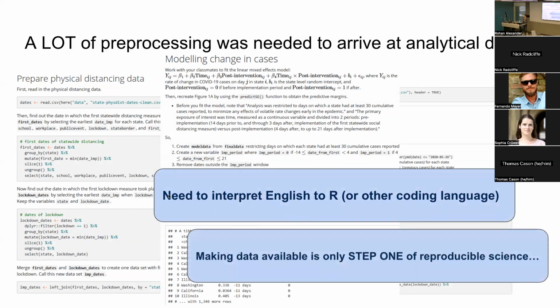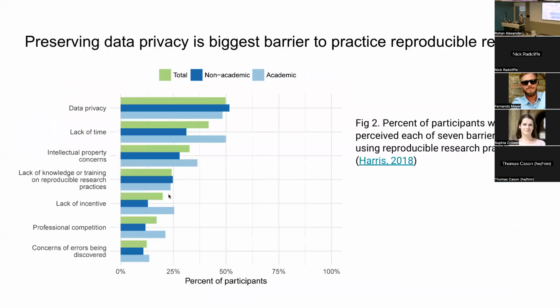And I think making data available is only the first step of reproducible science. And even so, in health science research especially, making data available is a huge barrier for some researchers. Preserving data privacy was the biggest barrier to practice reproducibility research based on this paper in 2018.